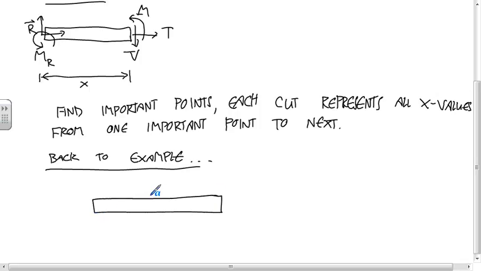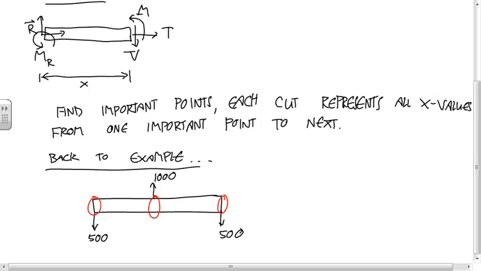So we have an upward force of 1,000, a downward force of 500 on each end, and the length was 1 meter. We identified the important points, one here and one here, because there's always ones at the end points. And then the only other one, there's a point force here.